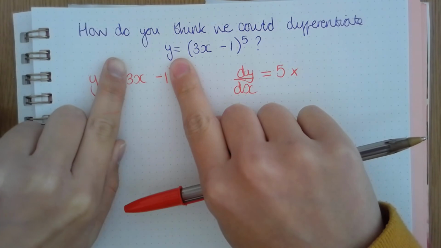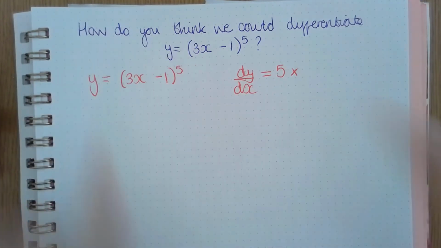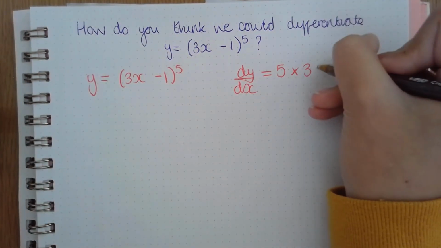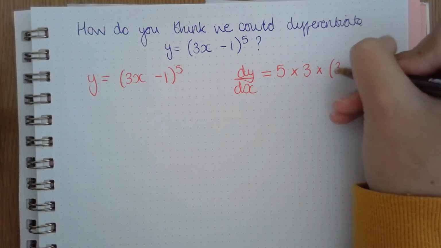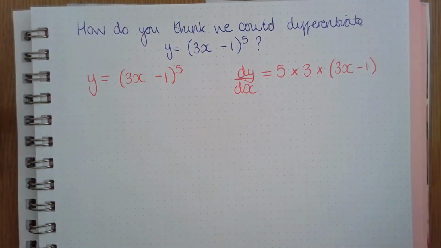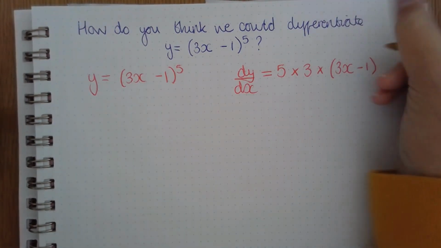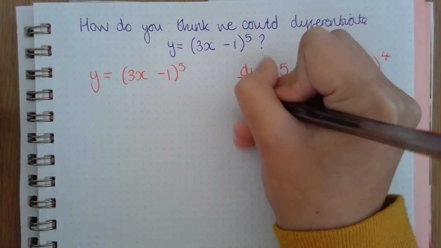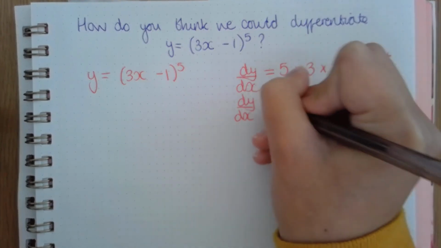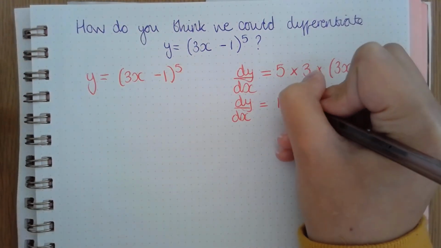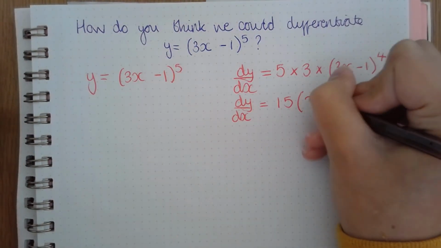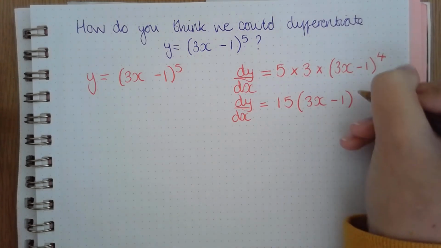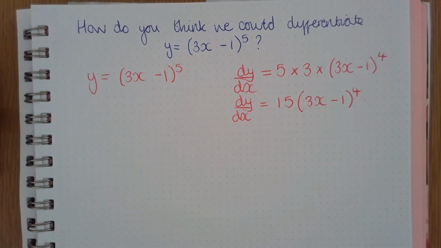Well, if I differentiate 3x take 1, I get just 3. Then I multiply by the actual bracket, and I take 1 from the power, which is 4. So my differential is 15 times (3x take 1), all to the power of 4.